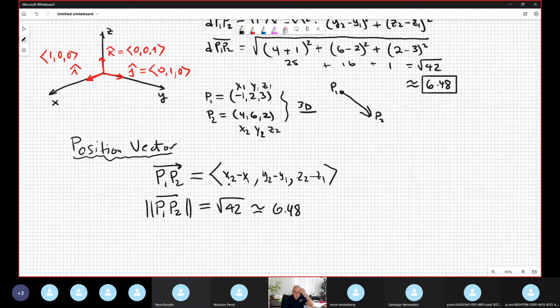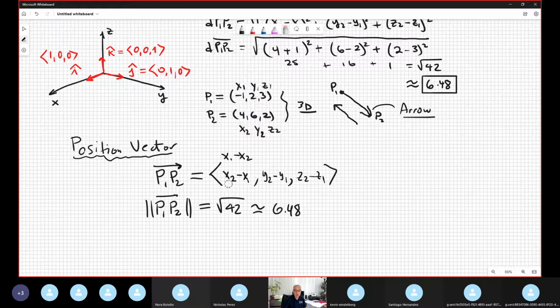In this case, I suppose that the arrow of the vector is P2. See, if the arrow of the vector is in the opposite direction, you're subtracting x1 minus x2. In other words, we get the same number but opposite sign.